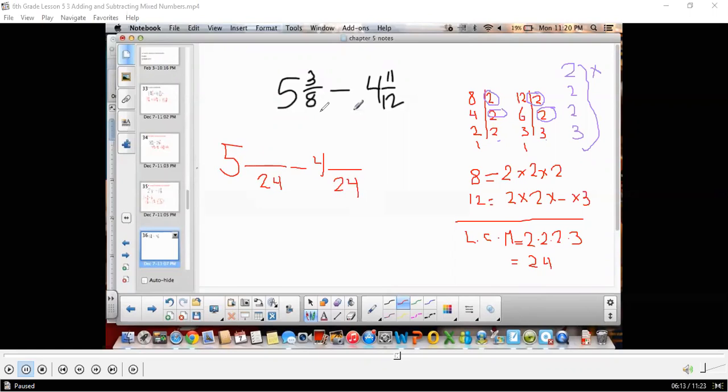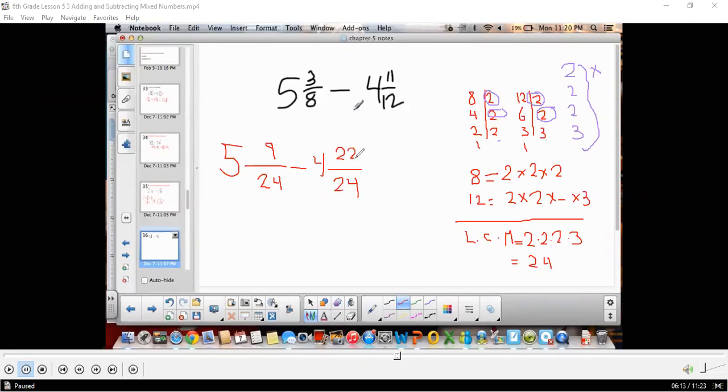Then 24 divided by 8 equals 3, and 3 times 3 equals 9. So we go up denominator by denominator: 24 divided by 8 equals 3, times 3 equals 9. 24 divided by 12 equals 2, times 11 equals 22.